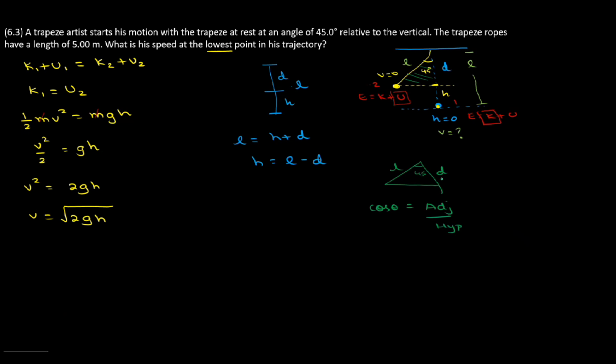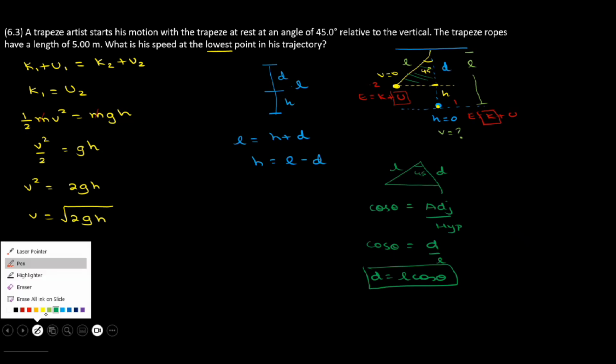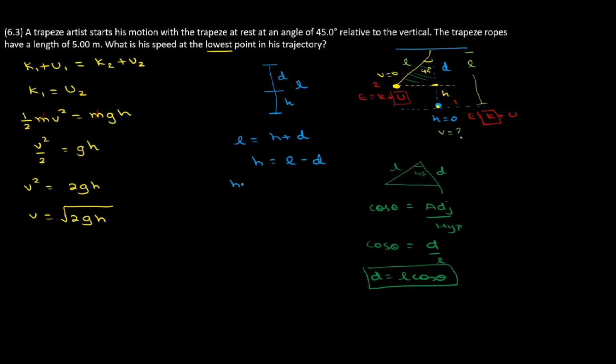Here my adjacent side is d, the hypotenuse is L. So cosine theta equals d over L, or d equals L cosine theta. We will substitute this in the expression for h. So h equals L minus L cosine theta, and taking L common, h equals L times (1 minus cosine theta).